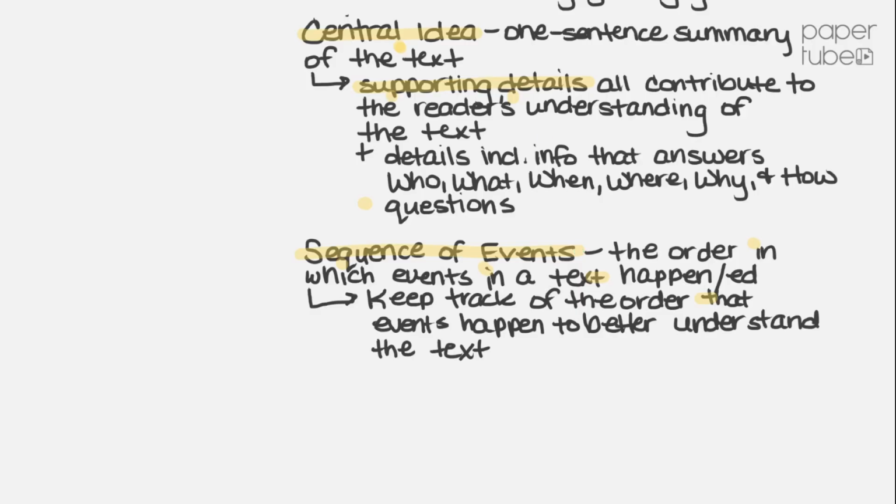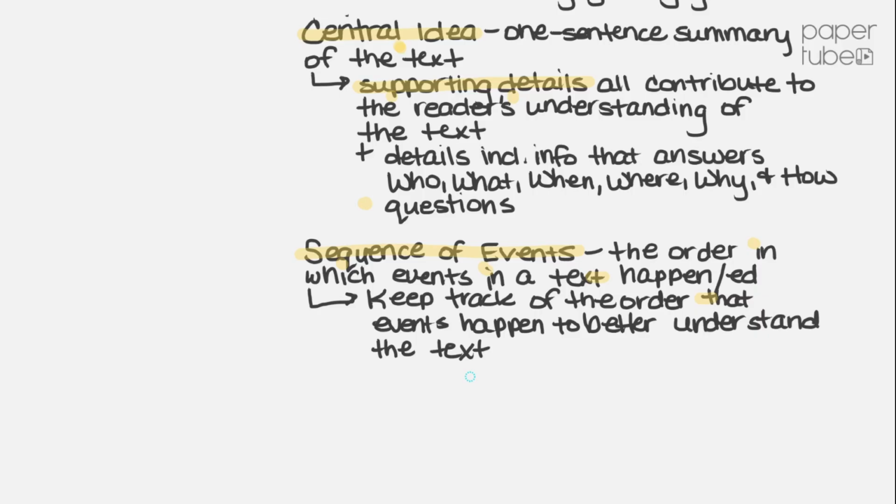The last element of a nonfiction text that we'll talk about is sequence of events, and we already have experience with this one as well because we use it in fiction stories too. We used it when we were developing our narratives. It's just the order in which events in a text happen or happened.